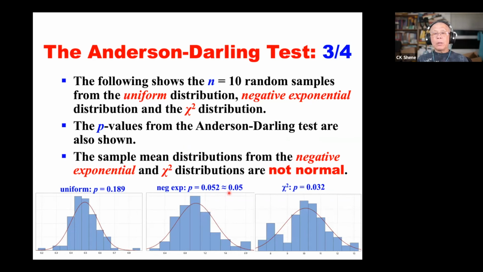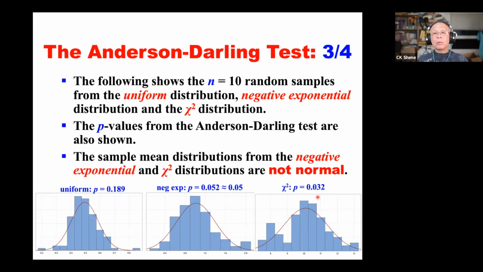So we have some evidence showing that the sample mean distribution from the negative exponential distribution is on the border, right, being normal or not normal. But the sample mean distribution from the chi-square distribution has a p-value of 0.032.